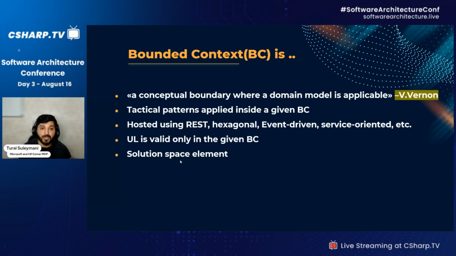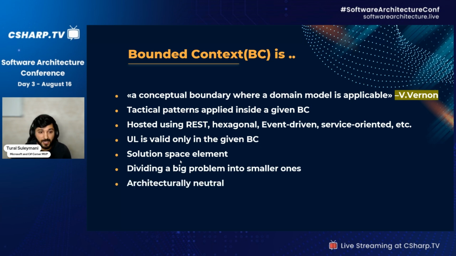We are not applying any architecture in our problem space, but in our solution space we start to apply all these architectural styles, architectural patterns, technologies, etc. So bounded context is related to solution space. It is not a problem space element. The problem space element is the subdomain. Bounded context is about dividing a big problem into smaller ones. And of course, bounded context is architecturally neutral.